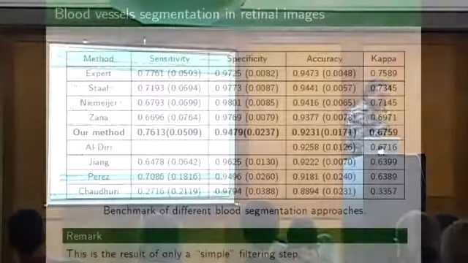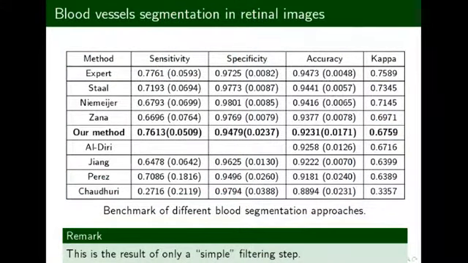So you can have some measurements, in bold. This is our method, but there are plenty of others. And with a very simple, now that you've understood it's very simple, filtering step, you can obtain something that is very close to the best results that are more complicated.